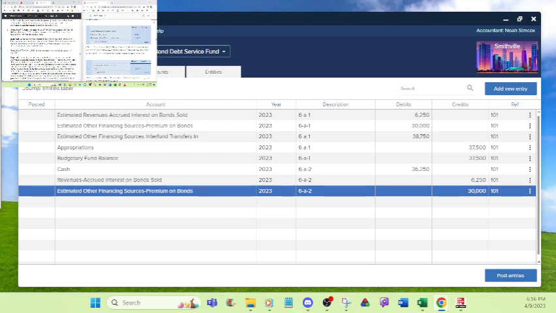The Street Improvement Bond Debt Service Fund received $38,750. Well, that was already estimated. Record the interfund transfer in the Debt Service Fund journal only. This transaction was previously recorded in the general fund in Chapter 4 of this problem. The transaction has no effect on the government-wide level since it occurs between two governmental funds.